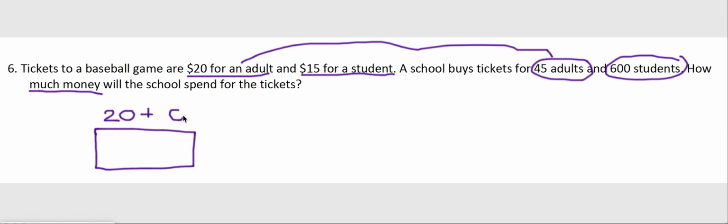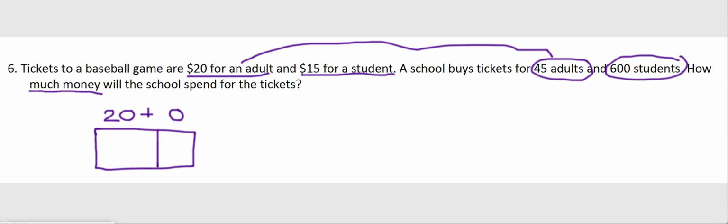So I'm going to have 20 plus 0, and I see that I have a number of my tens and I have a number of my ones. So I'm going to split this rectangle into two pieces. The smaller one is going to represent my ones. The larger piece is going to represent my tens. And that just kind of helps me visually remember that my tens are the bigger amount.